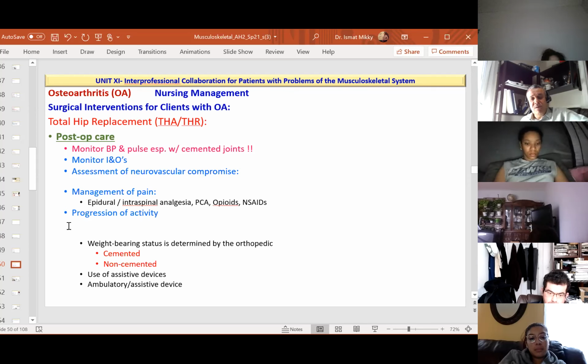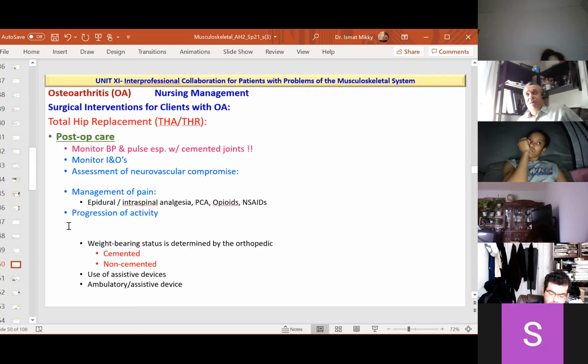The weight bearing status is determined by the orthopedic surgeon, depending on whether they used a cemented versus non-cemented procedure. Cemented means they are going to use methacrylate, a special cement or chemical that can be recommended for certain patients.